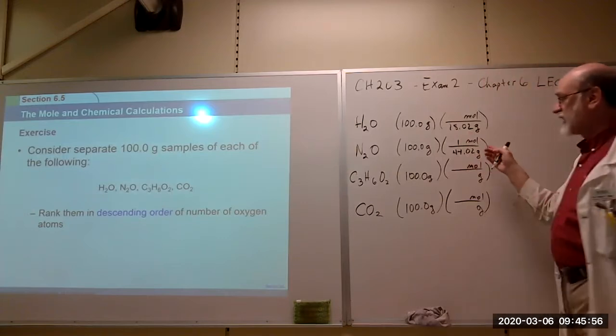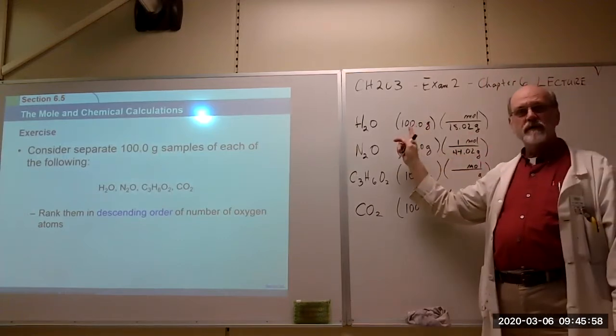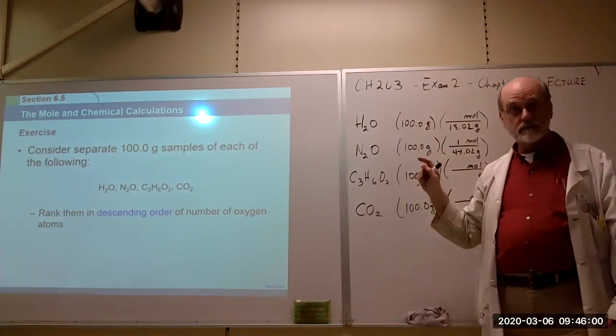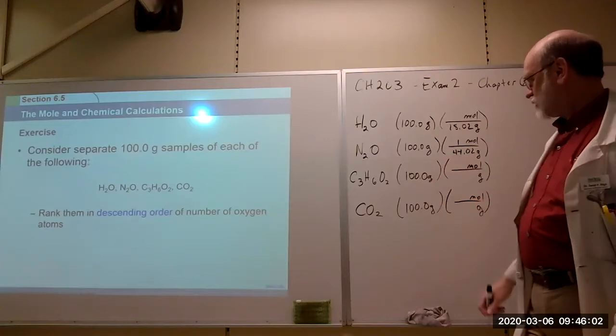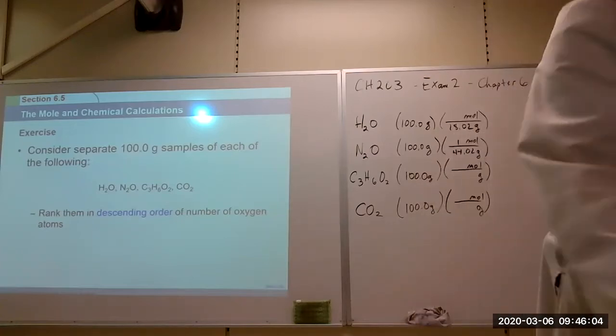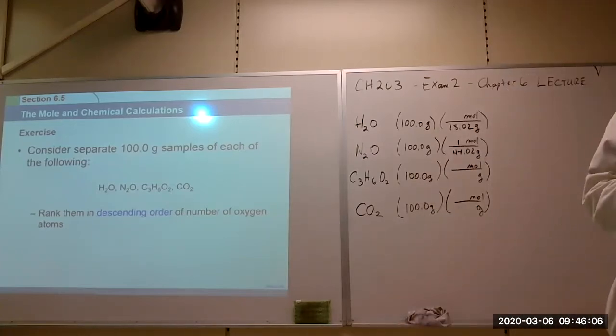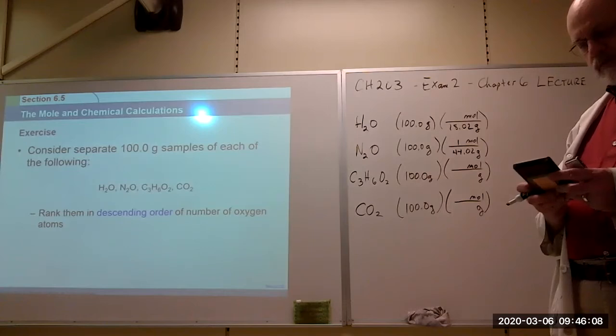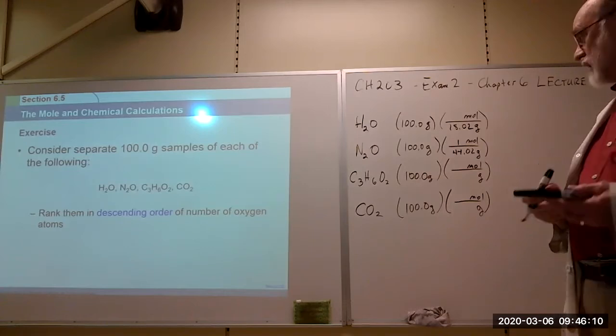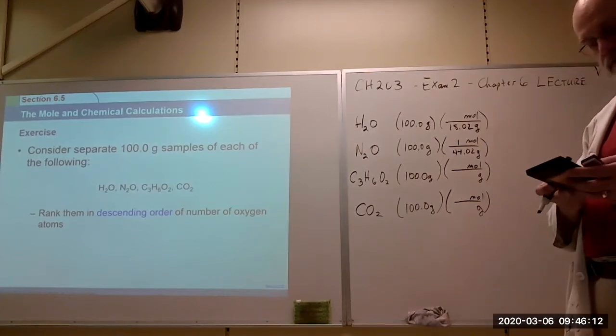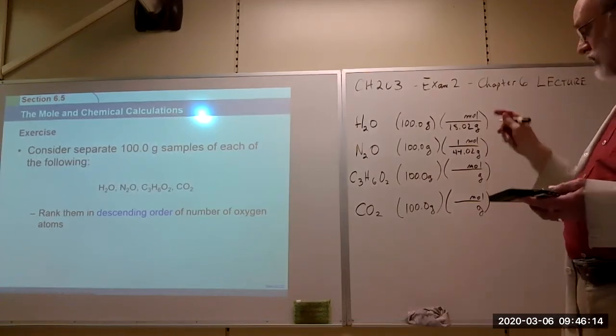This conversion will tell us how many moles of the formula you have. All right. C3, okay, 3 carbons, 12.01 each, and then 6 hydrogens, and then 2 oxygens.